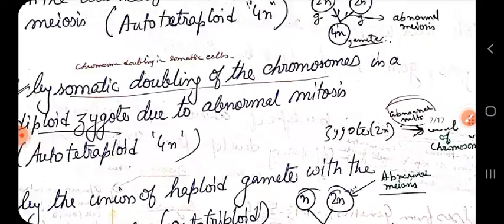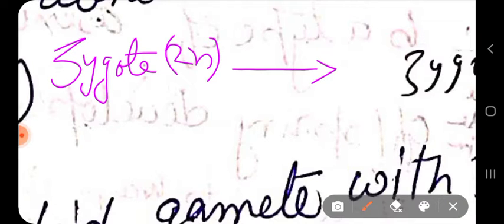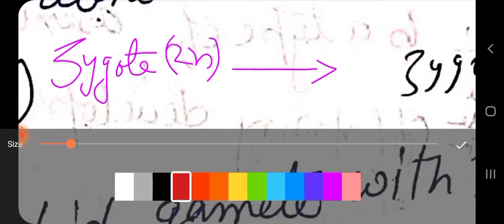So what happens? The zygote has two sets of chromosomes. Now this zygote is forced to carry out abnormal mitosis. How is it carried out?